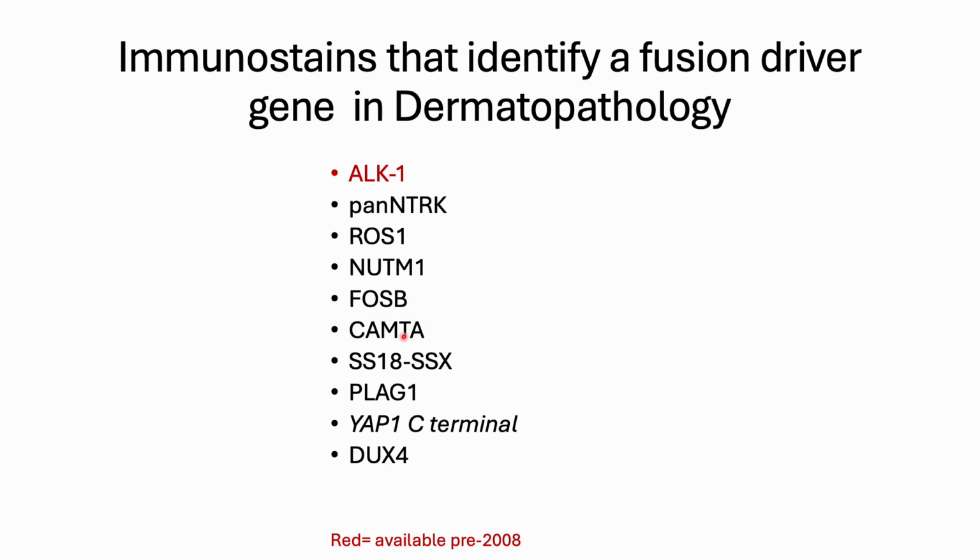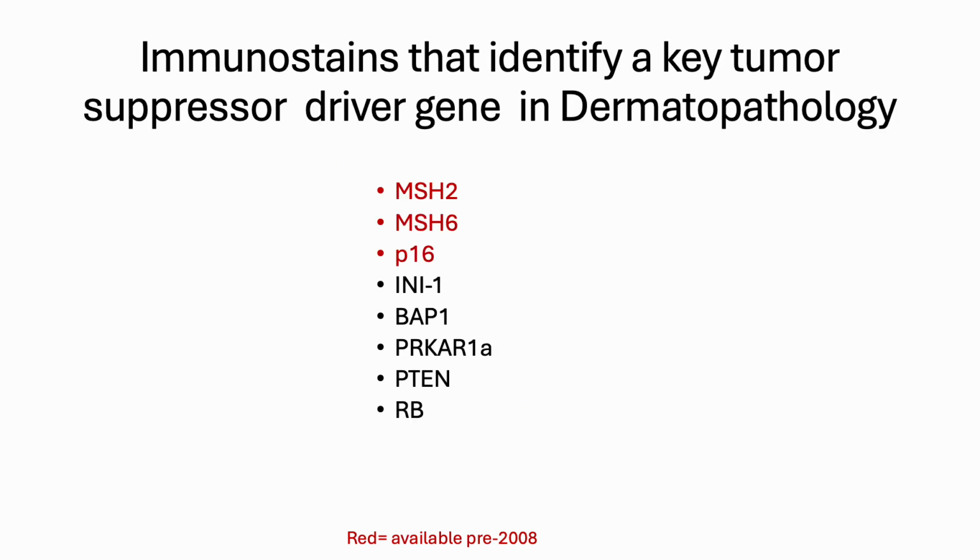CAMTA1 is useful for epithelioid hemangioendothelioma. SS18-SSX is useful for synovial sarcoma. PLAG1 is useful for mixed tumour and myoepithelioma. YAP1, as we've seen, is useful for porocarcinoma, and DUX4 for CIC-DUX4 fusion sarcoma.